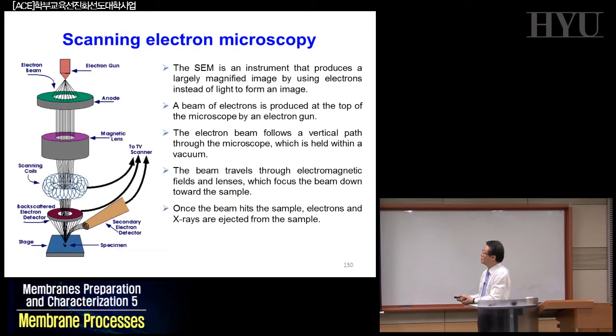So the principle of this SEM is that instead of using light, as in the case of an optical microscope, you use an electron gun.